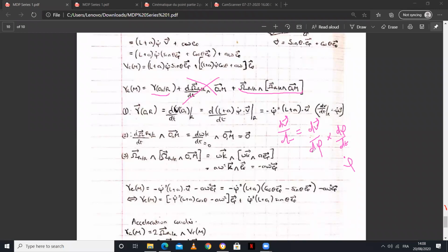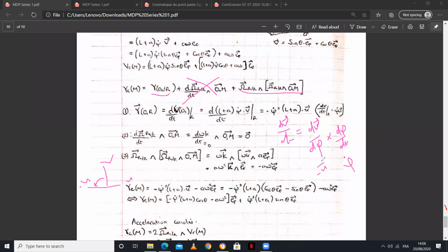And then dV/dφ: you have u, you have v, and you have minus u. So when we derived u par rapport à φ, we were rotating u 90 degrees into v. This time we're deriving v par rapport à φ, so it's like rotating v 90 degrees, and it's going to become minus u. So the derivative of v de φ is going to be equal to minus u.